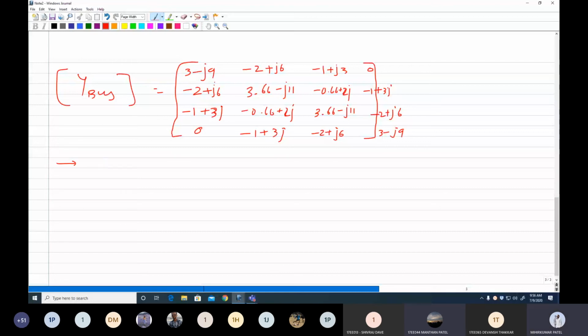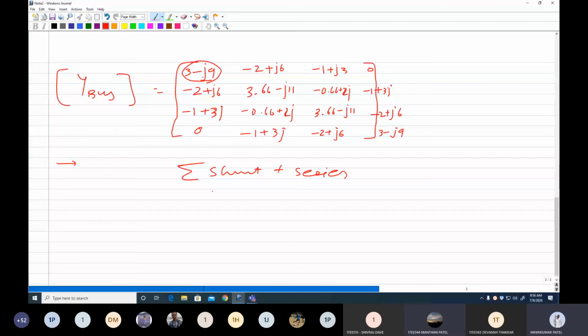And if you wish to verify, just verify from our conclusion. The diagonal element is the summation of shunt elements, which is not given in this example, plus series elements. So you can directly verify.